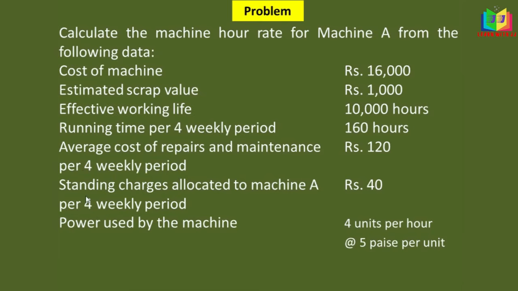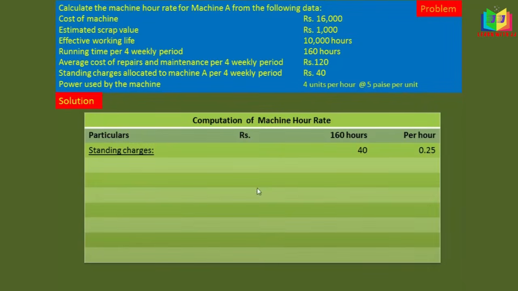Standing charges allocated to machine A rupees 40 per 4 weekly period. In this problem standing charges were clearly mentioned, so this will come under standing charges. Power used by the machine 4 units per hour at 5 paise per unit. Let's start doing the problem.